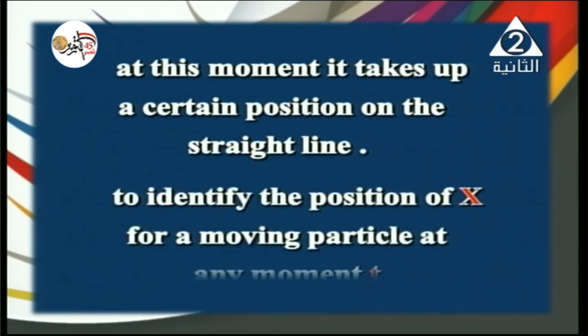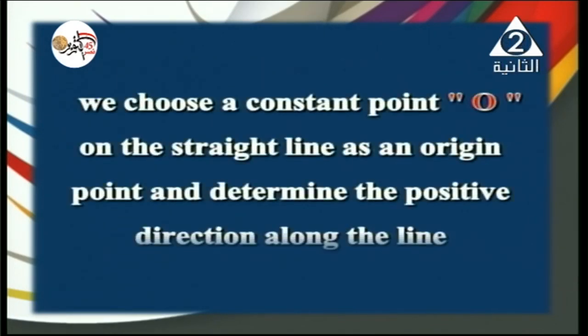To identify the position x of a moving particle at any moment t, we choose a constant point O on a straight line as an origin point and determine the positive direction along the line.